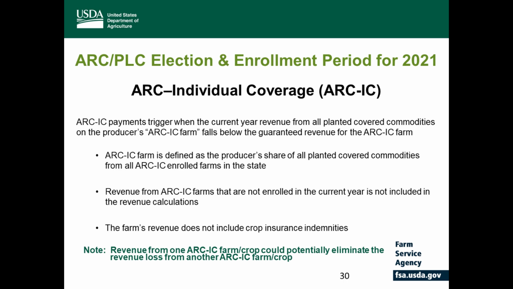Your first farm yielded well. Your second farm was hailed out. When we put both those farms into your bucket, your first farm that yielded well could potentially offset the revenue loss from your farm that was hailed out. It would all just depend on where the yields end up and where our prices end up for the market year.